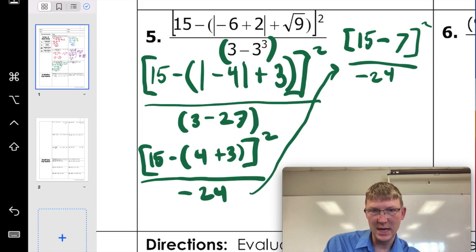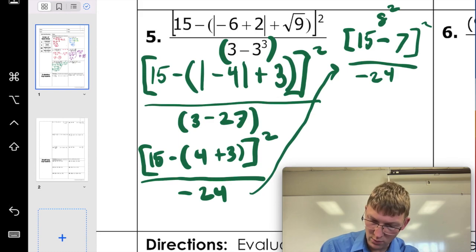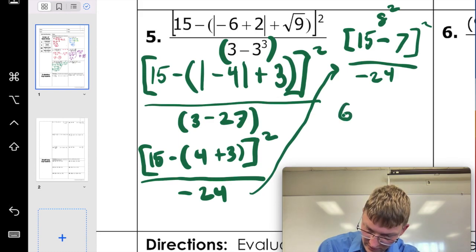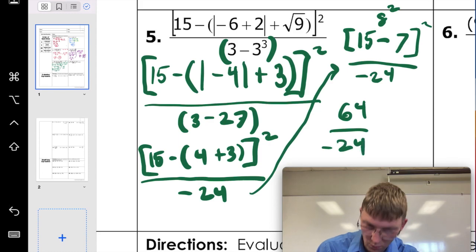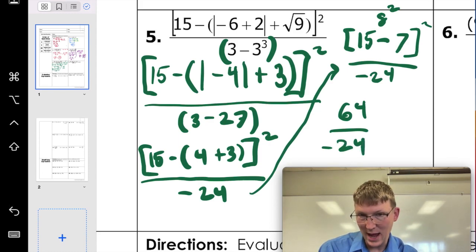Okay, so then we take, let's see here, 15 minus 7 is 8, right? So that's 8, and then 8 squared. Okay, so now we're going to have 64 over negative 24, and then that can be reduced.